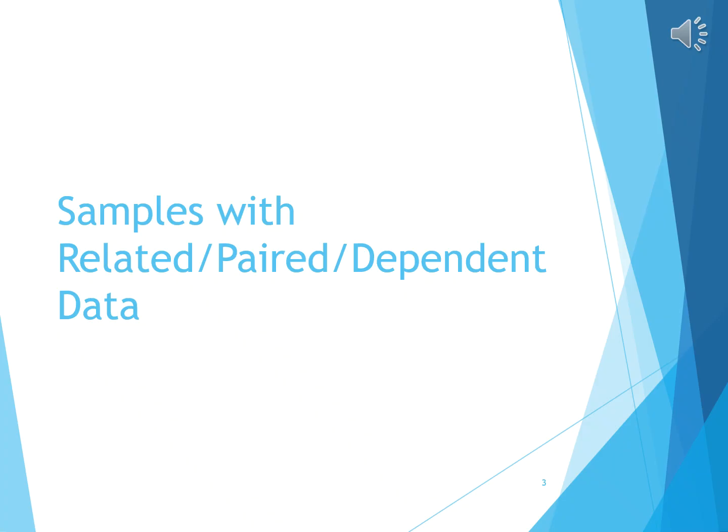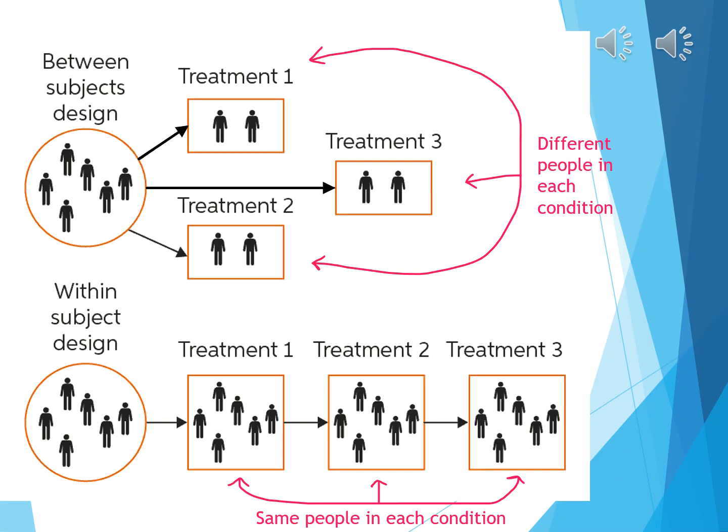So first up, let's talk about research designs that involve related or paired or dependent data from your sample. There's a lot going on this slide, but let's start with the bottom of this diagram with the within subjects design. So the bottom left of this is showing a circle with basically your study sample in it, right?